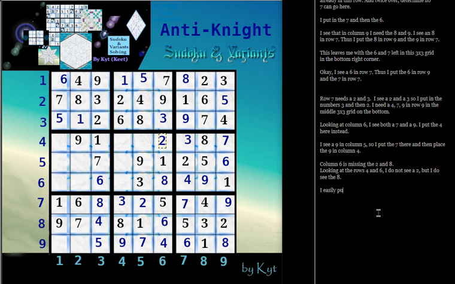I easily put in the 2 on top and the 8 on the bottom, so as not to duplicate any numbers in any rows.